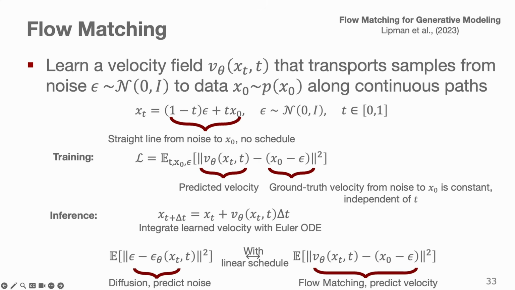In general, flow matching straight lines are much easier to learn, and they require fewer integration steps. And as I said, they don't have very complex noise schedule hyperparameters, and this is why it's been replacing diffusion as the go-to framework in both image generation and robot learning.